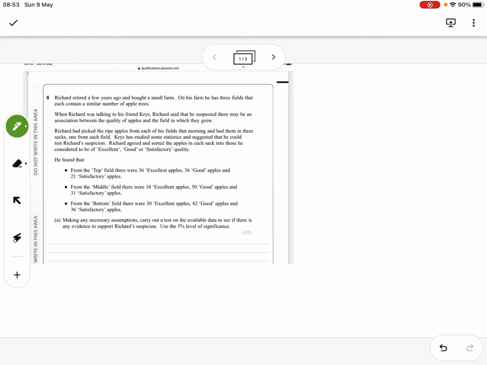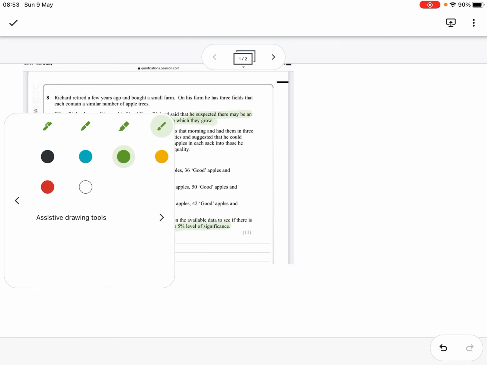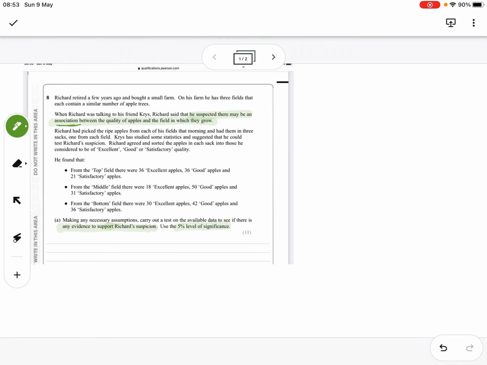There's a lot of information there. He wants to write any necessary assumptions and carry out a test at the 5% significance level to see if there is any evidence to support Richard's suspicion that there may be an association between the quality of apples and fields. The word that stands out there is an association.